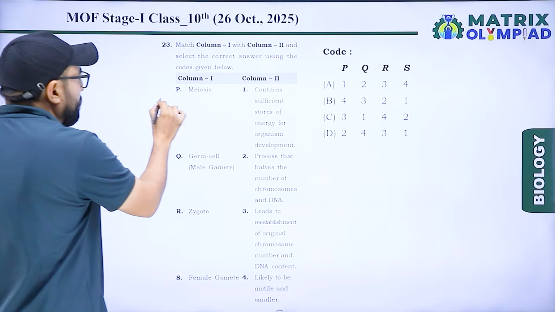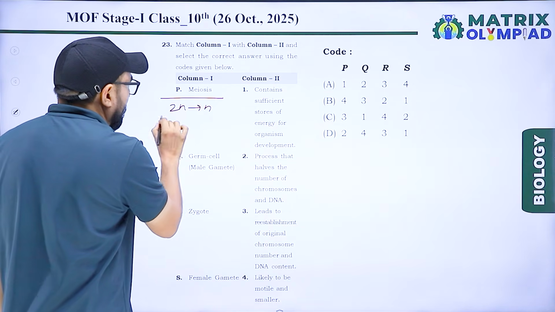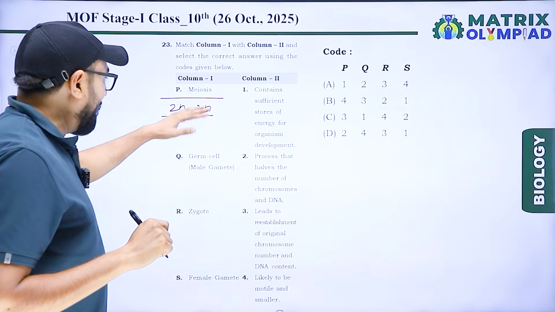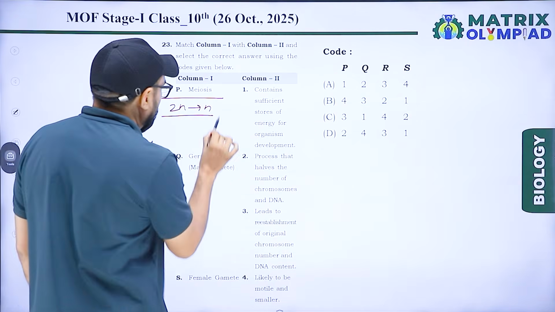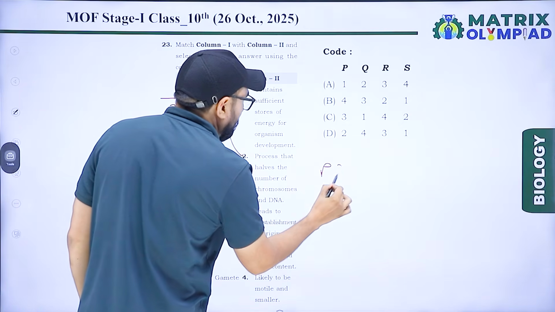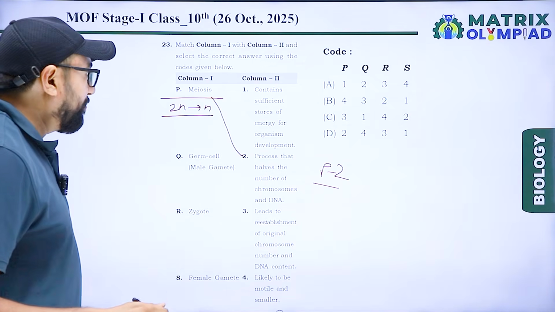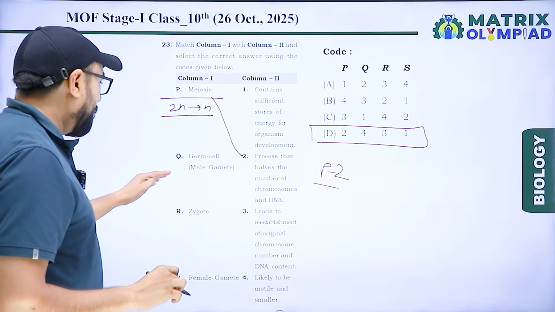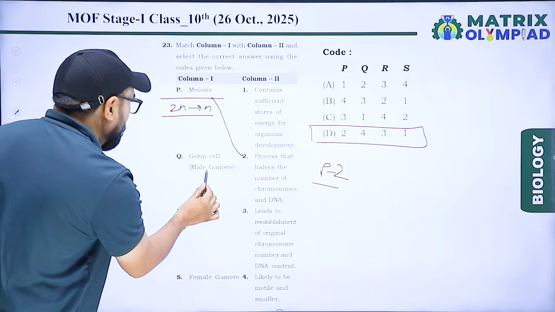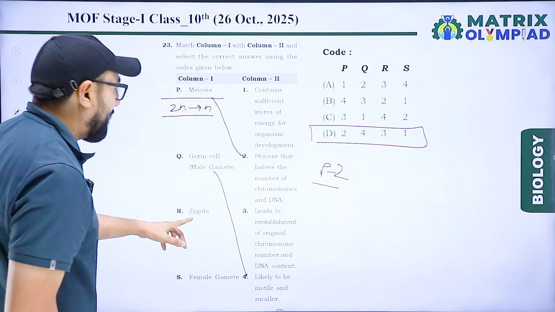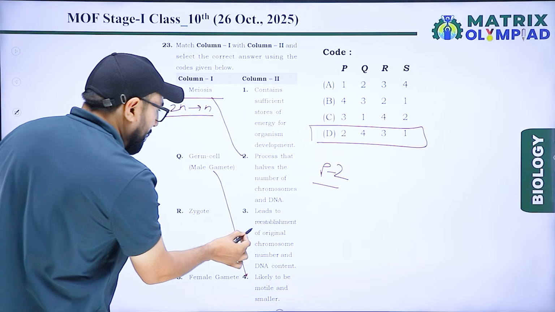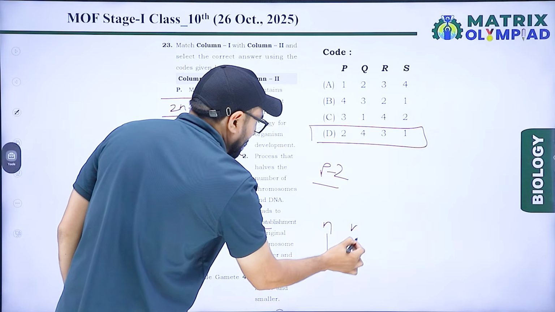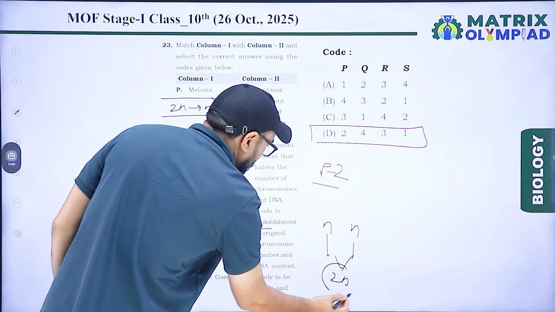Meiosis. Due to meiosis, a 2n cell converts into n, meaning gamete formation. Meiosis matches with the process of halving the number of chromosomes. It means P relates with second, and second is present in only one option, option D. Germ cell relates with motile or smaller 4, and zygote, 3, leads to re-establishment of the original chromosome number, because n sperm and n egg fuse to form 2n.